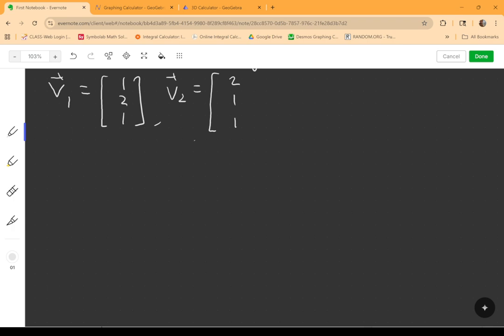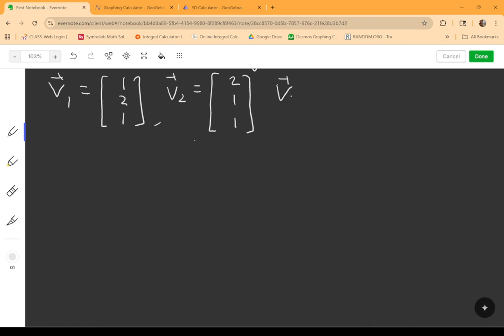Okay. So let's take a look at an example. The output vectors of the Gram-Schmidt procedure will give me the same span as our linearly independent set. So let's say V1 is 1, 2, 1. V2 is 2, 1, 1.